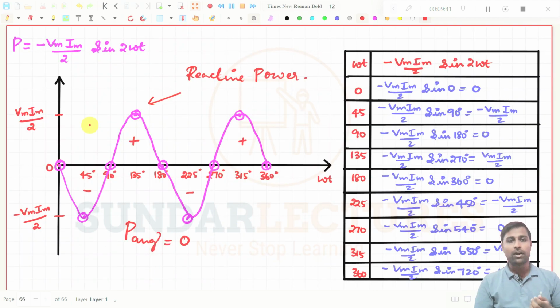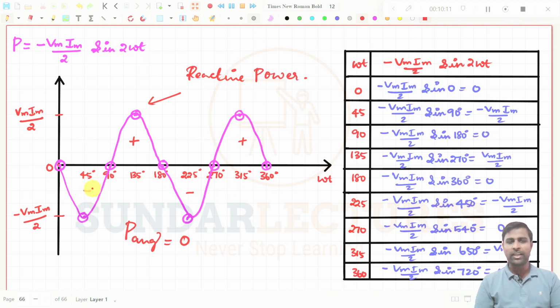And the power expression we have got in the purely inductive circuit is minus Vm Im by 2 sine 2 omega t. If we plot the graph for the given power expression, the power is negative at one time, then it becomes positive, then negative, then positive, and it continues throughout the process.